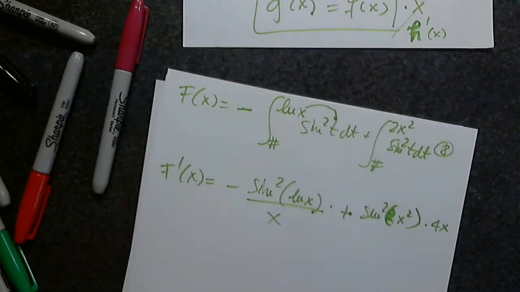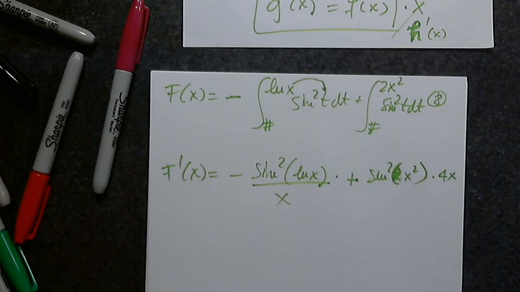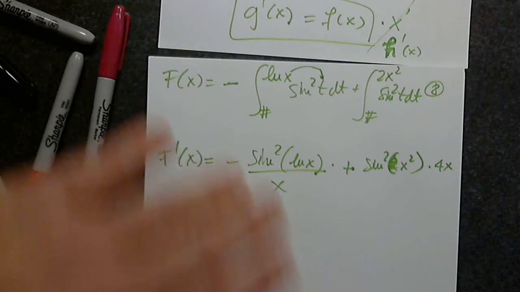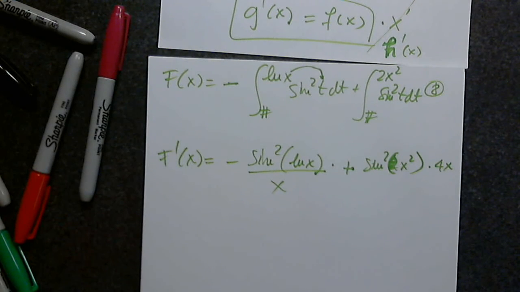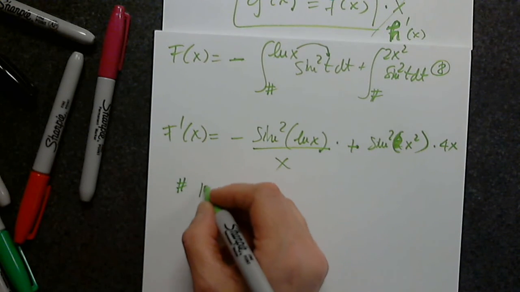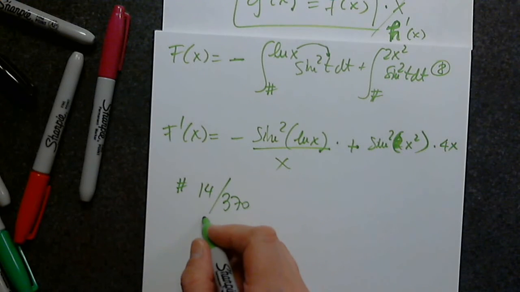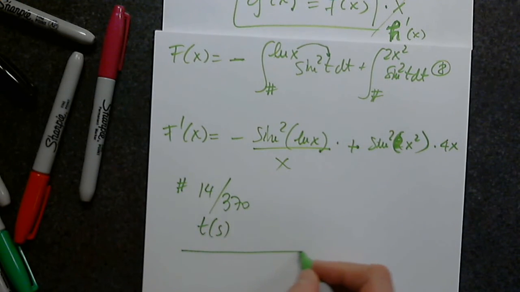So I'm going to copy the table. They want the leftmost point first, and then the rightmost point. I'm sure you've seen a problem like this in WebAssign, right? Yes? Okay. So this is problem 14 on page 370, and the table: time in seconds.